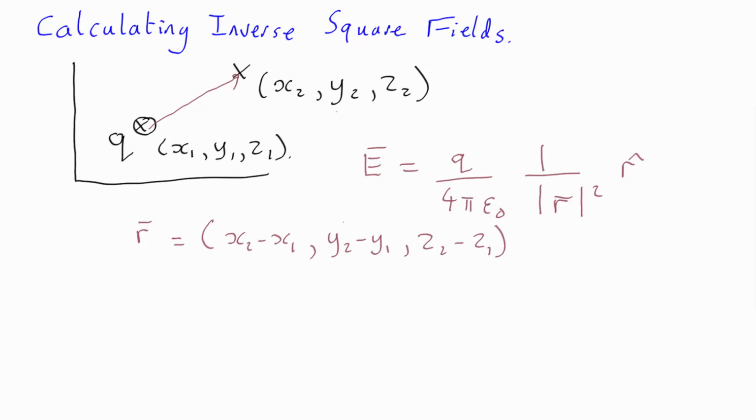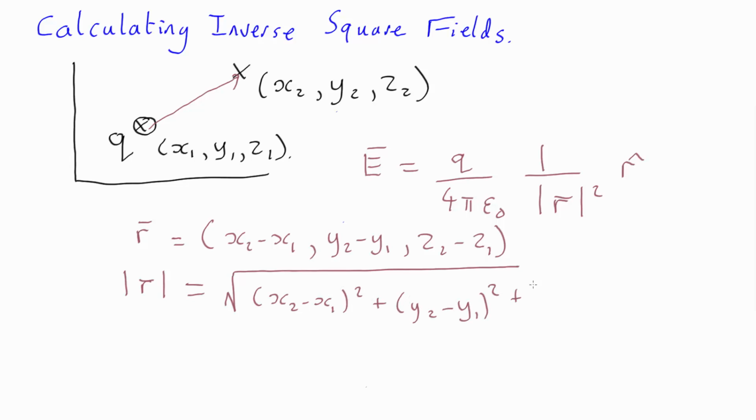We can now ask what the length of r is, and that you get by Pythagoras. So it's the square root of each of these differences squared. So that tells us the bottom here.